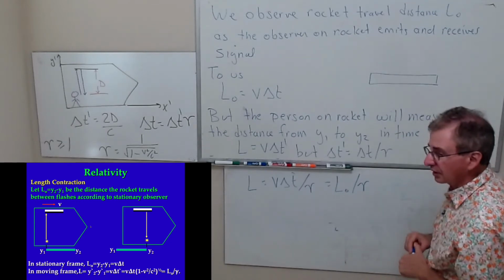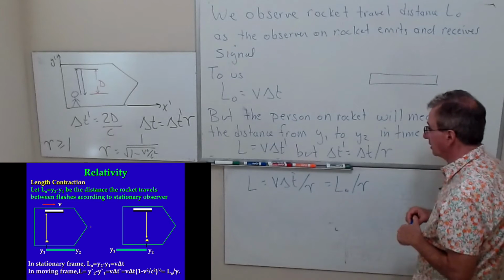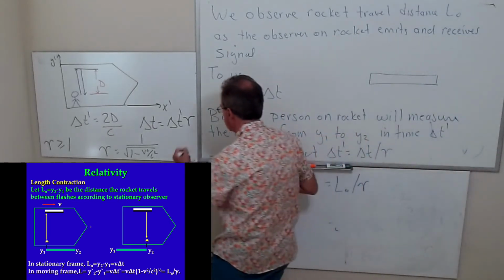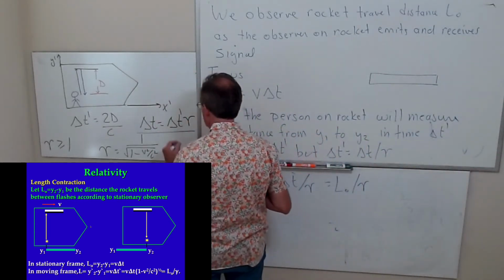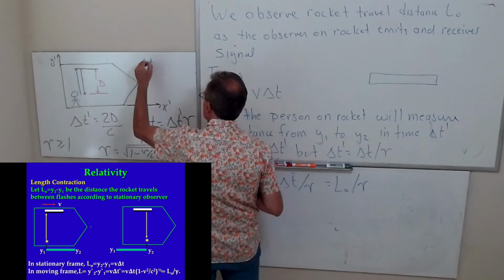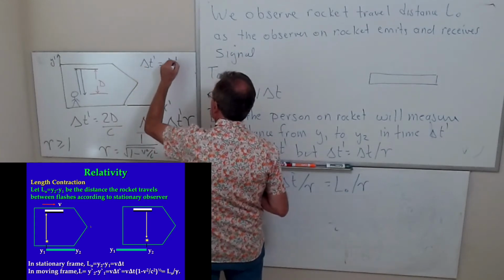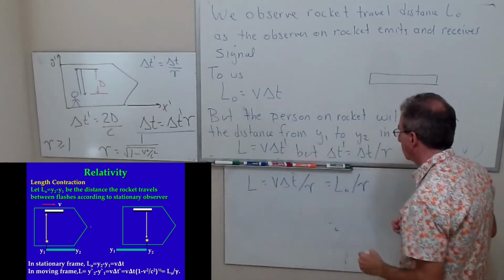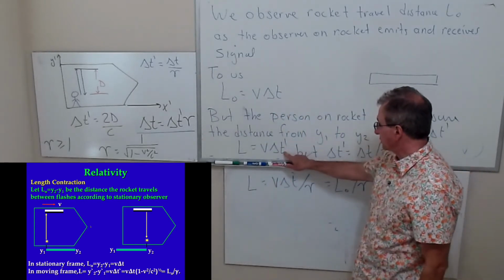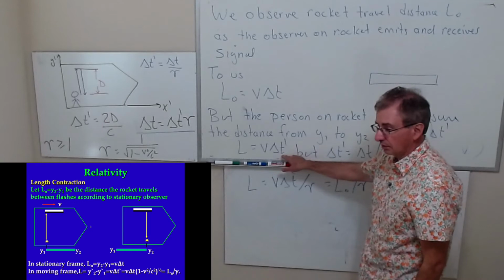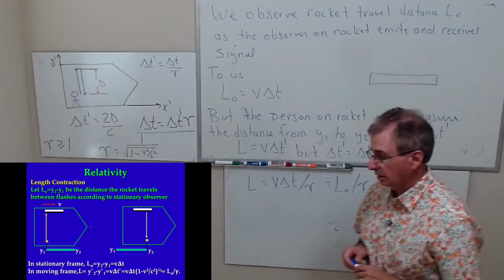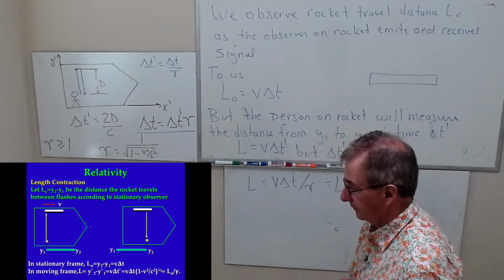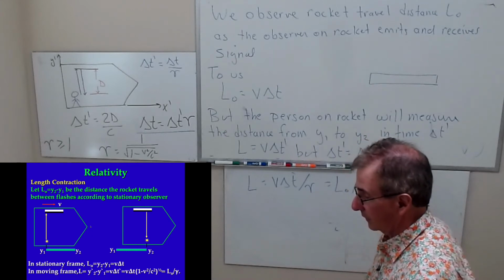I'm not sure I understand your question, Jacob, because if this is the equation for delta t, isn't that true? And the person in the rocket measures time delta t prime. Okay.